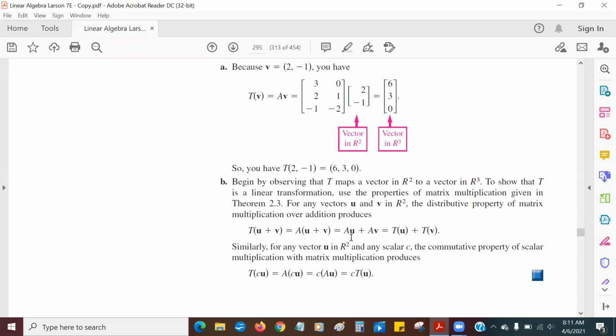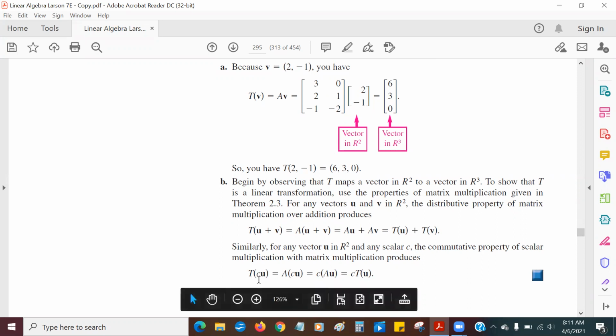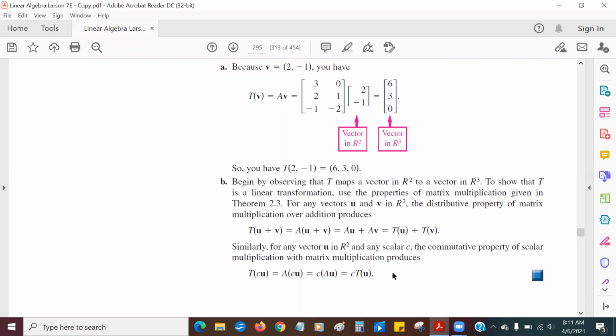And now I just redefine everything: AU is T of U and AV is T of V. Now T of CU is the matrix A times the vector CU. But we learned you could pull a scalar out of a matrix multiplication, and we have C times T of U.